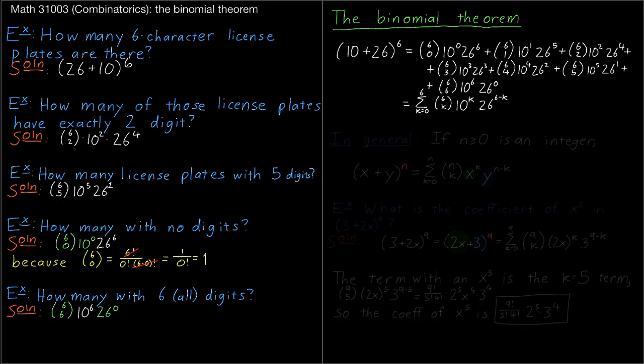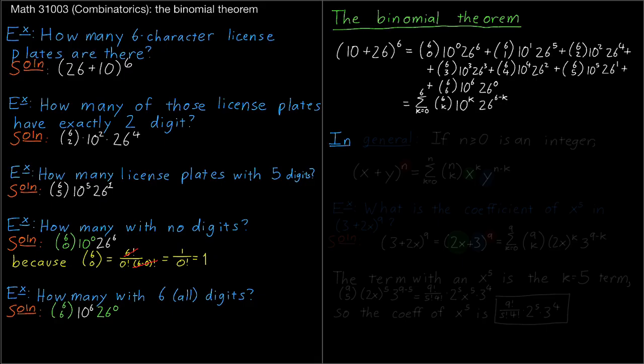And there is something special about 10. It's the number of digits in our numbering system. There is something special about 26. It's the number of letters in our alphabet. But for the purpose of this problem, there's nothing special about 10 and 26.